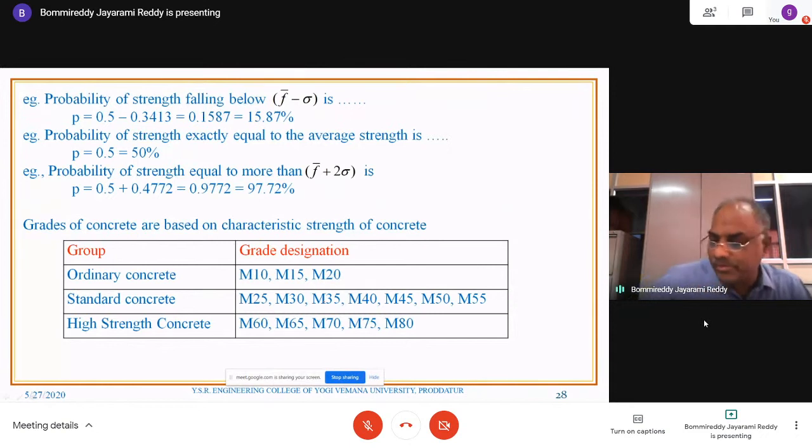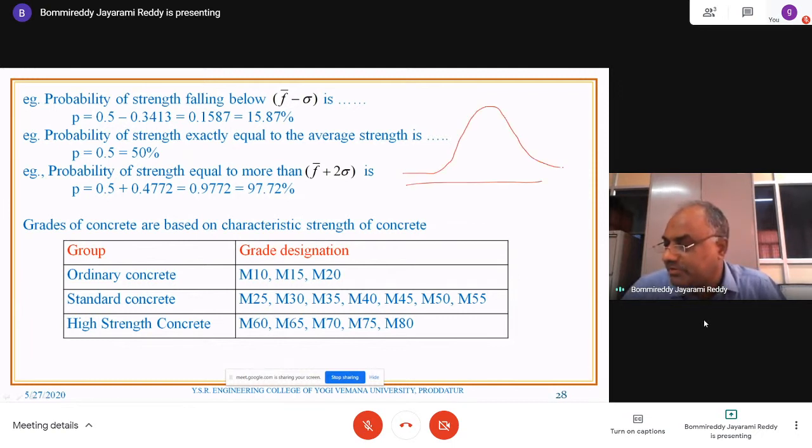Okay, let's have a small problem based on that. Probability of strength falling below F bar minus sigma. Below F bar minus sigma means, this is the curve and this is mu and this is sigma.